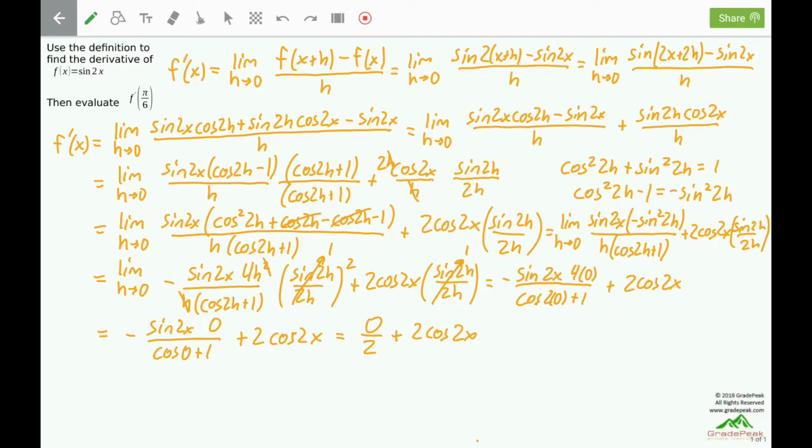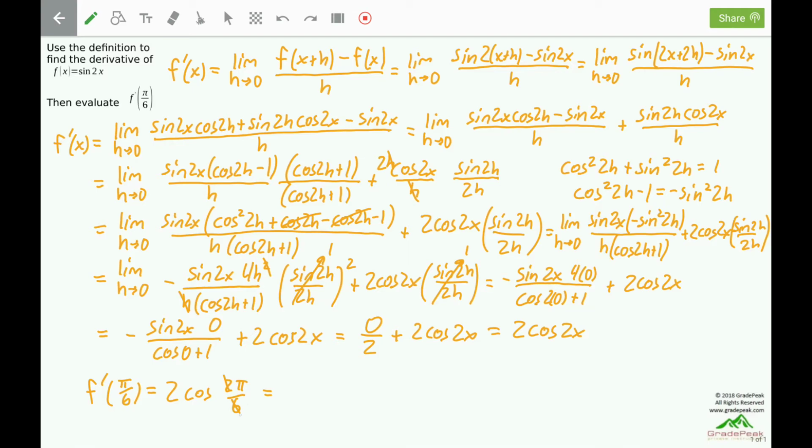0 over any non-zero number is equal to 0, plus 2 cosine of 2x will give us 2 cosine of 2x. And there's the derivative of sine of 2x. The other thing we need to do is evaluate this at pi over 6. We want f prime of pi over 6. F prime of pi over 6 will then be 2 cosine of 2 times pi over 6.